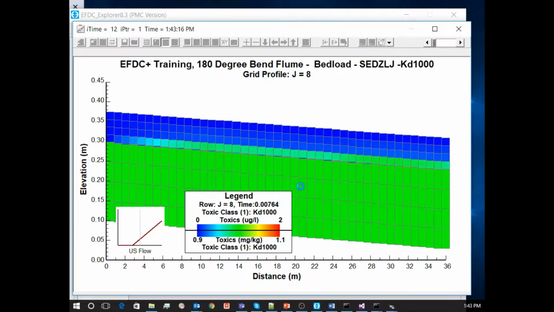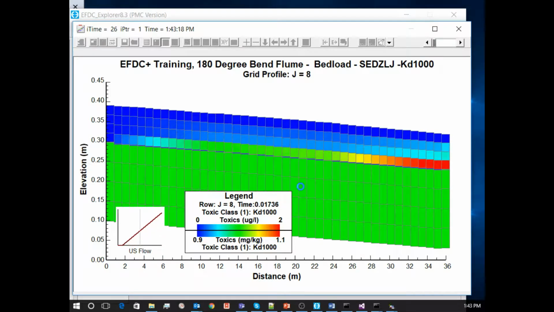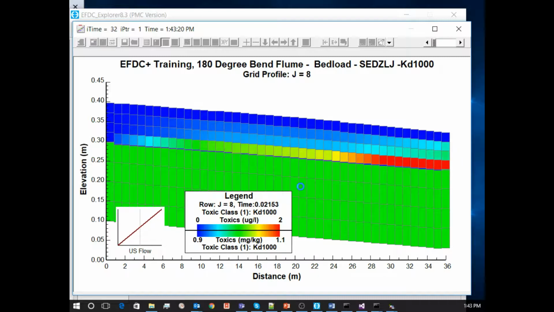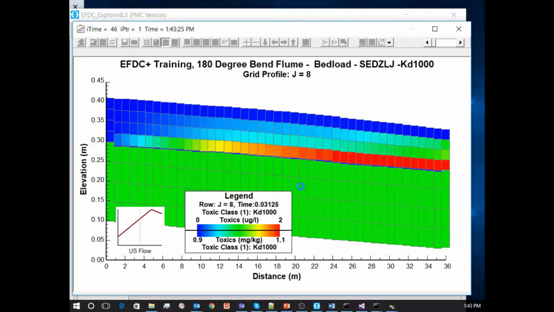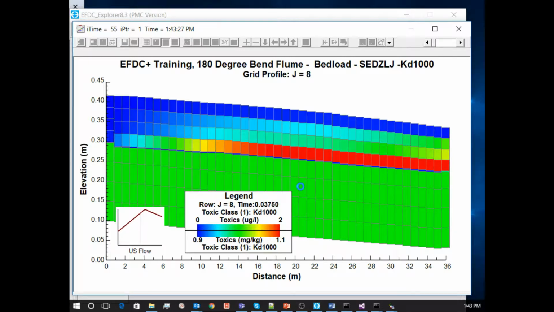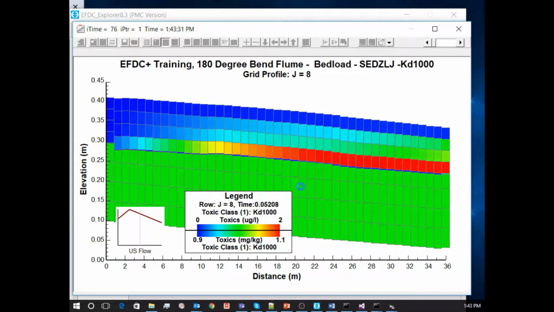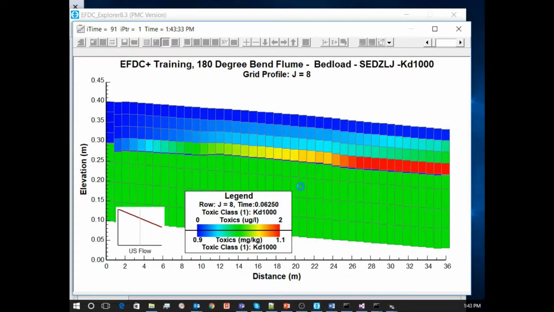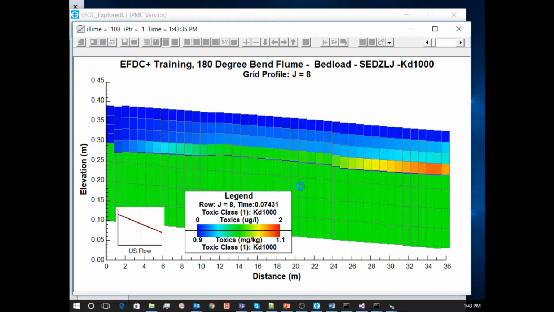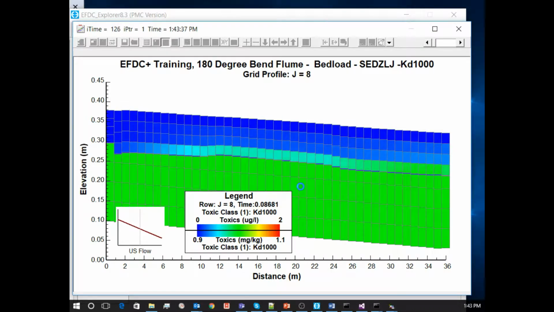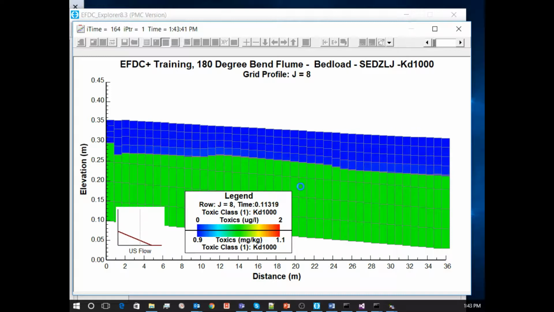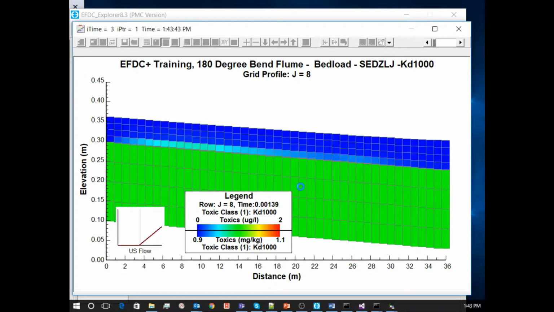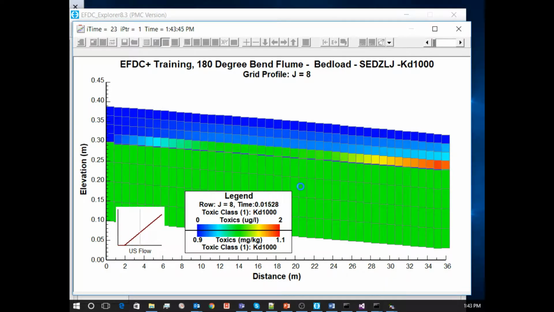And you don't see any significant higher concentrations in this. See, this is the depositional zone, and remember we have bed load turned on, and if we don't remove that material coming down the flume due to bed load and move it to the downstream cell, we would be getting a significant accumulation of sediment in that cell there.